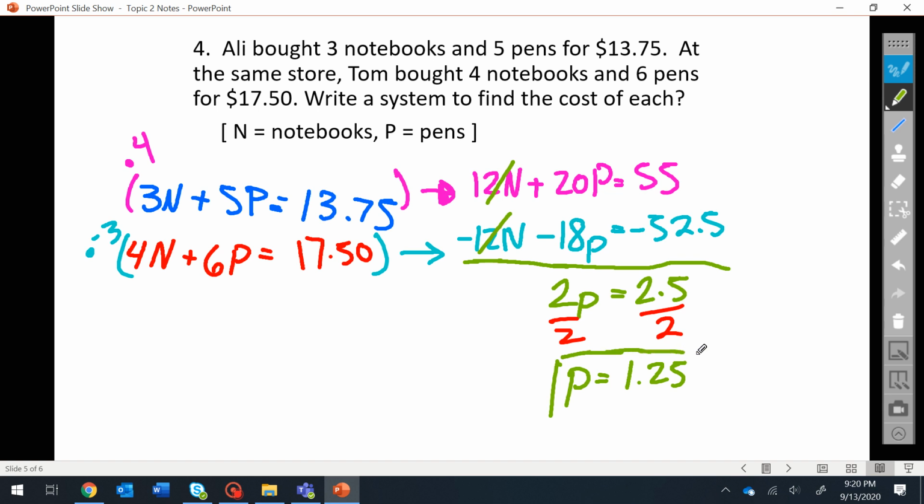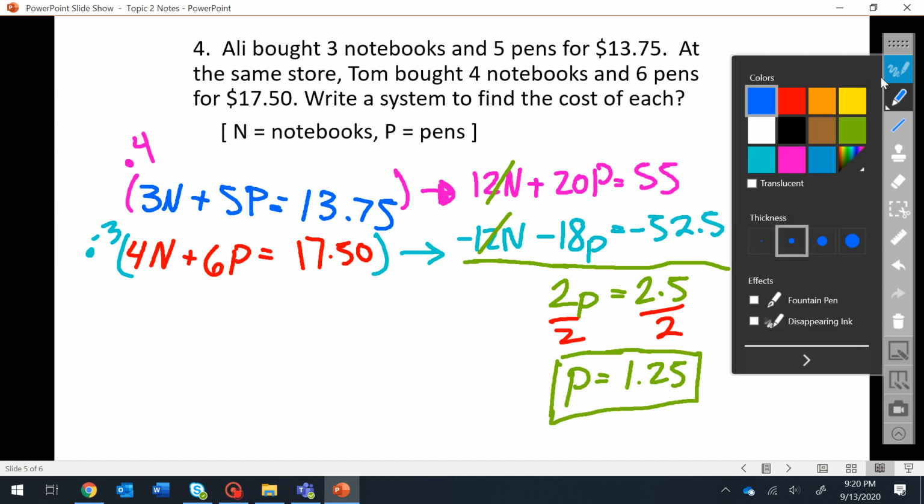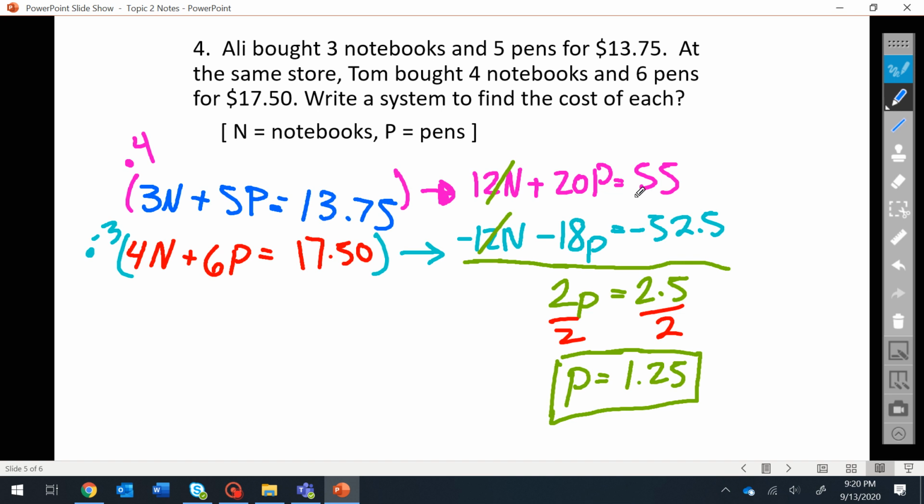I can now use this back in one of my original equations to figure out how much the notebooks cost. So I'm going to use the first one. 3n plus 5p equals 13.75. So 3n plus 5p, p is 1.25, equals 13.75.